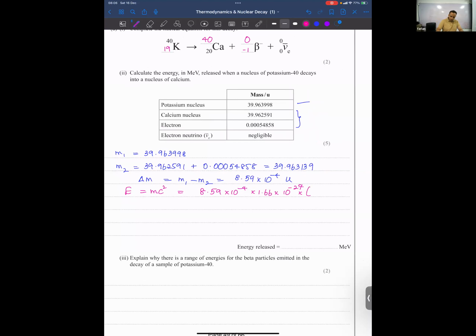C square is going to be 3 into 10 to the power 8, that needs to be squared. This gives you the energy released, but in joules. We want to convert it into mega electron volts. So divide by charge of an electron, 1.6 into 10 to the power minus 19, to convert it into electron volts, and divide by 10 to the power 6 to convert it into mega electron volts.